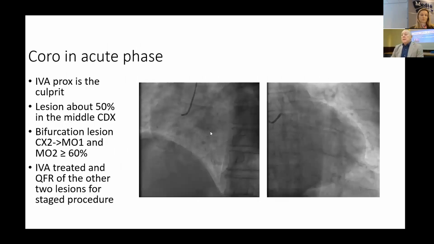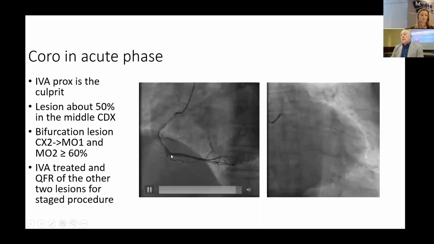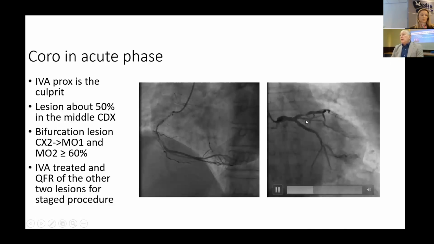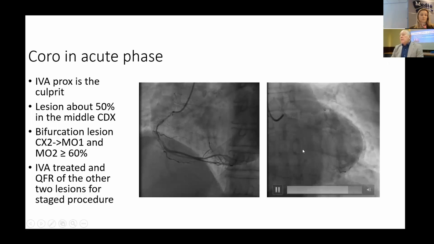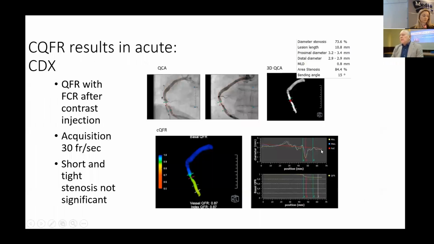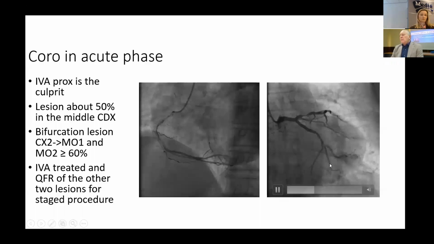This is the coronary angiogram. There is a stenosis in the right coronary artery. This is the left. The culprit is the proximal left anterior descending, and another lesion is in the circumflex, these marginal branches.